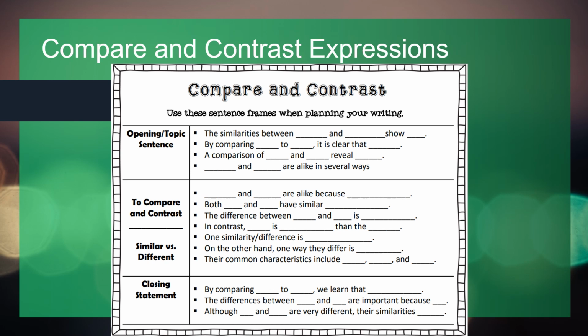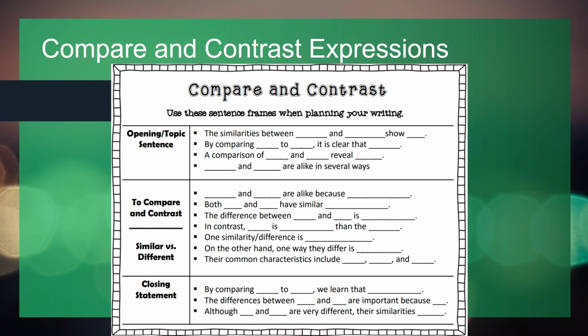If they're different, you can say, in contrast, something is different than the other, and you have to go into the details. These expressions are very helpful to make your essay more coherent and strong.